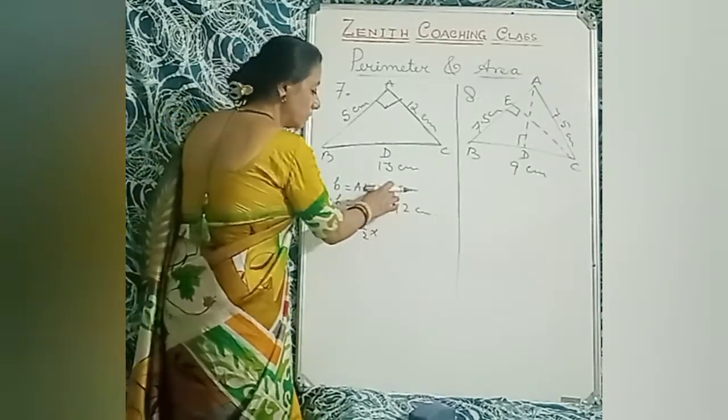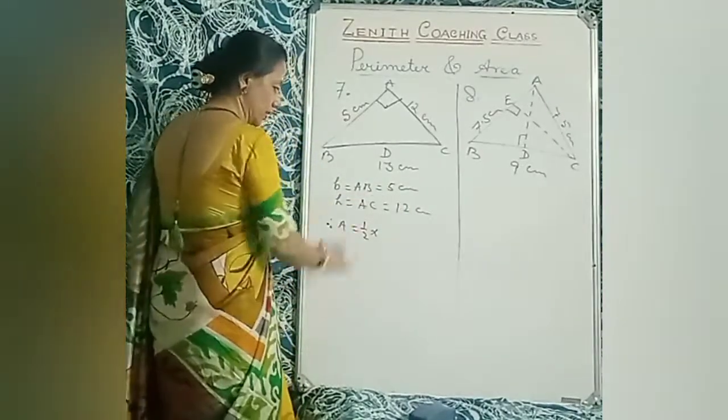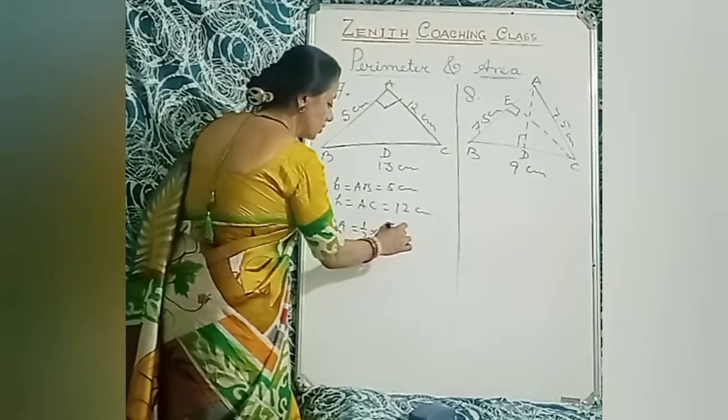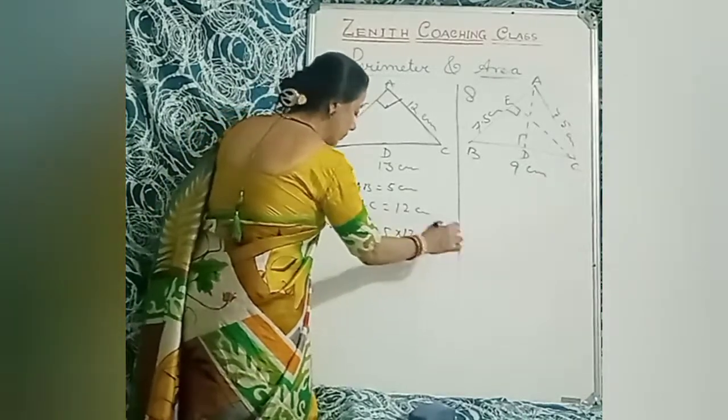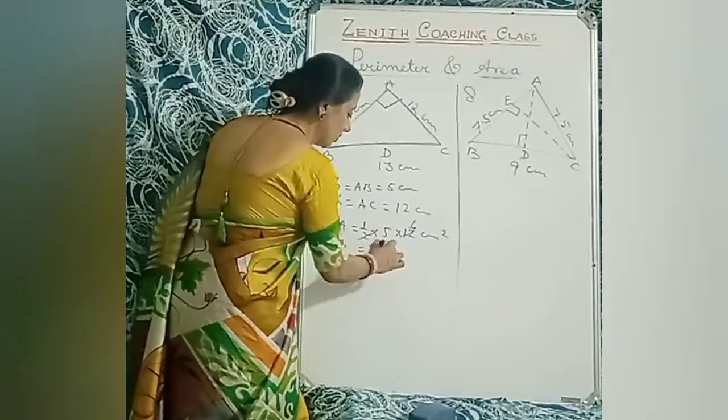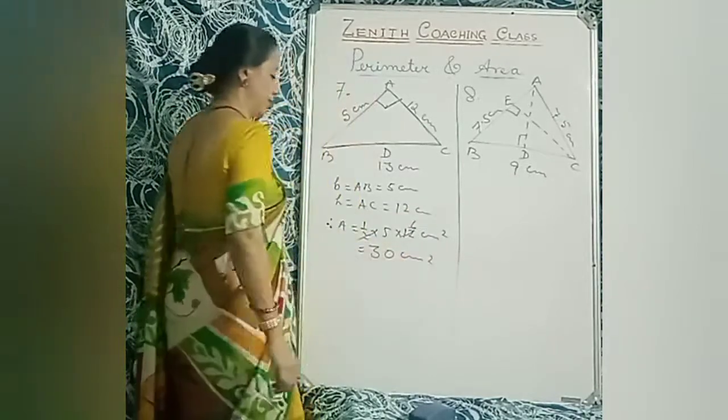You have to write the formula first, then you will put the values. So half into base into height, centimeter square. So it is 6, that is area equals 30 centimeter square.